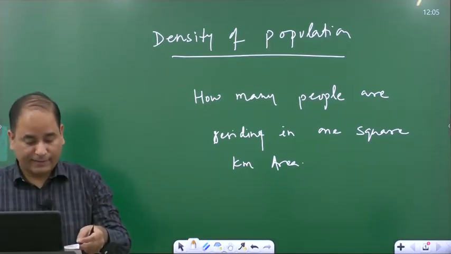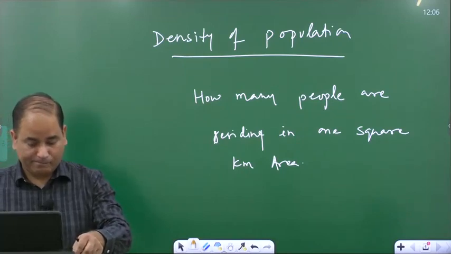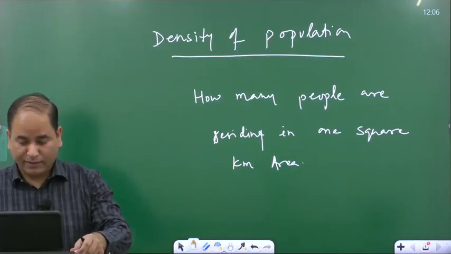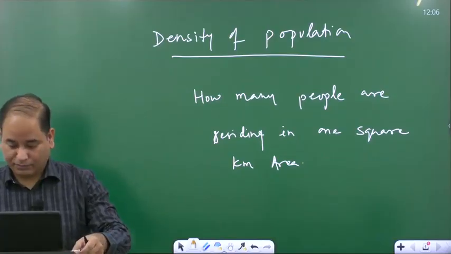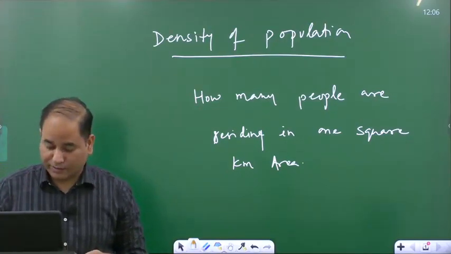Whereas India was having 382 persons per square kilometer.